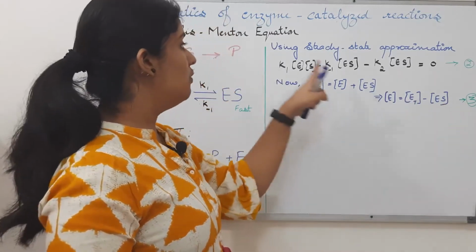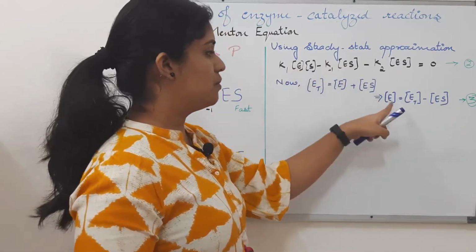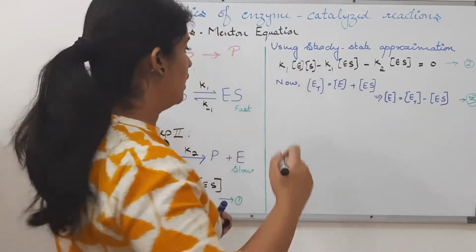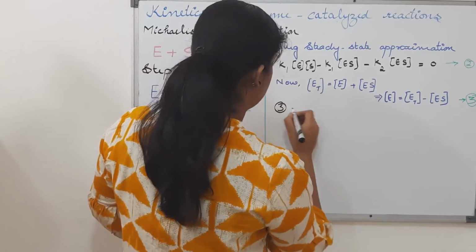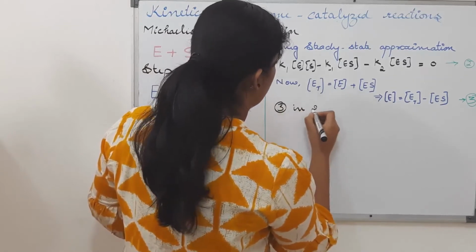Now instead of E in equation 2, I can substitute this equation 3. Okay. So now what am I going to do? I am going to substitute 3 in 2.